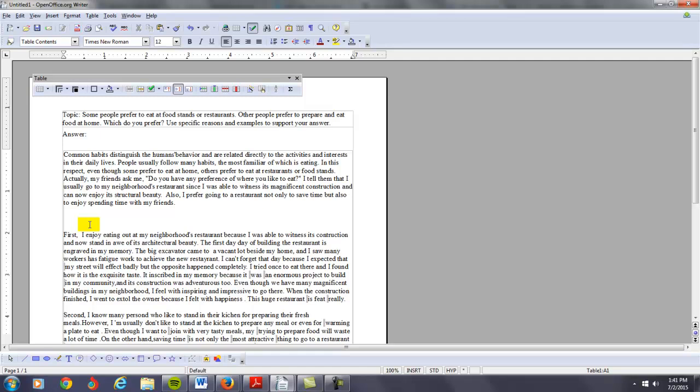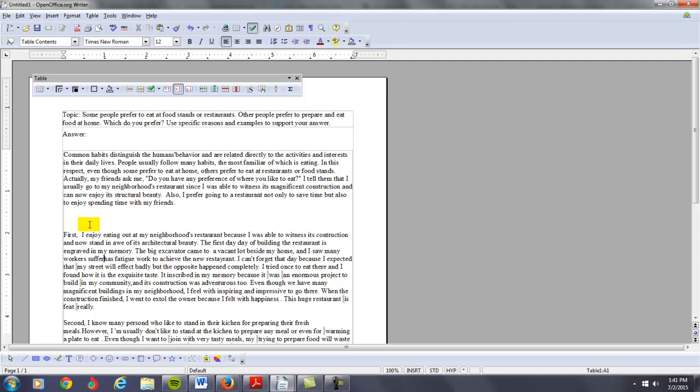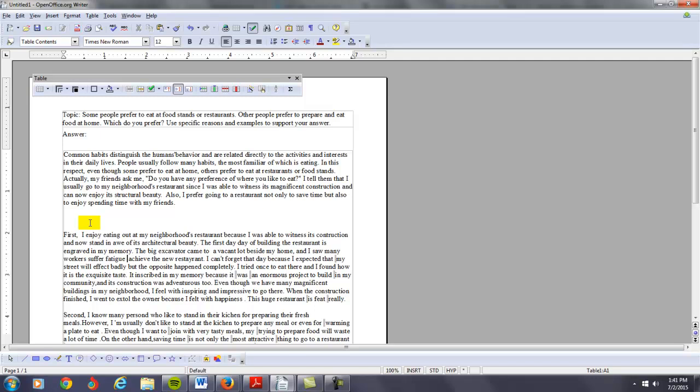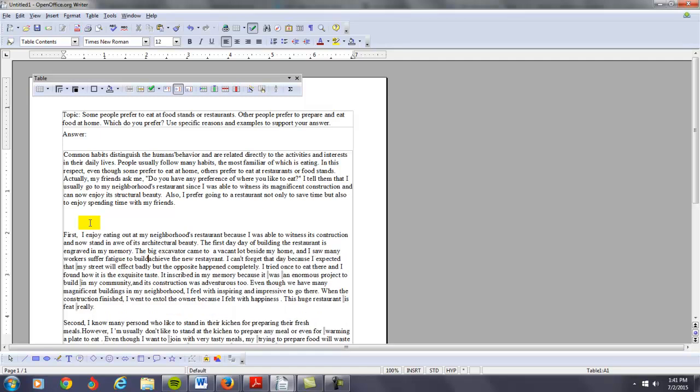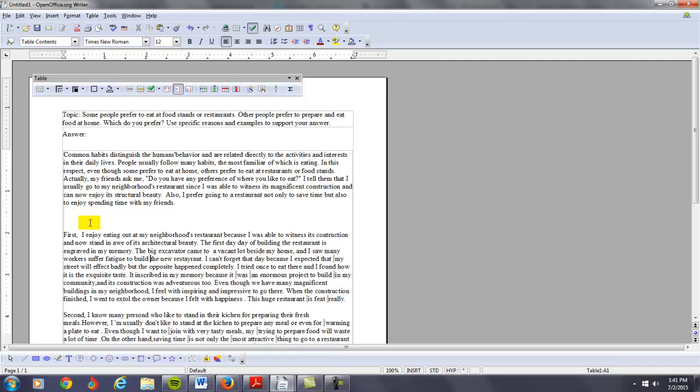I saw many workers suffer fatigue to build the new restaurant. I cannot forget that day because I expected that my street, you want to use here would, talking about the past.